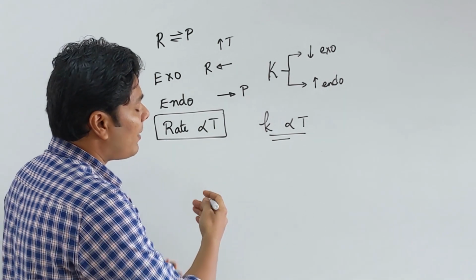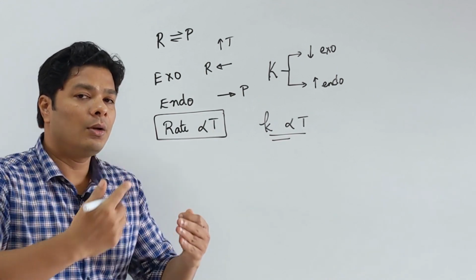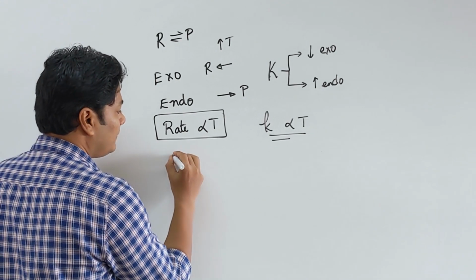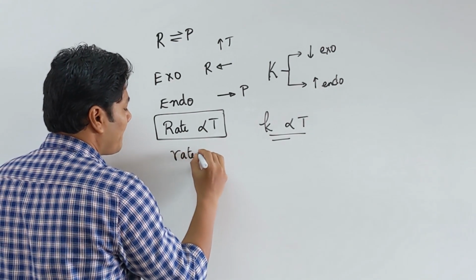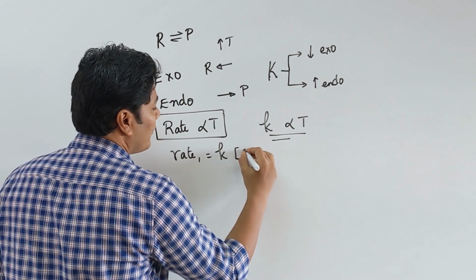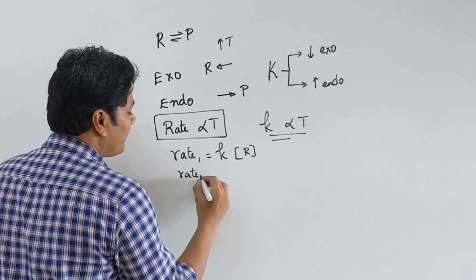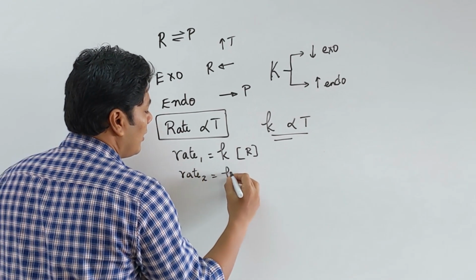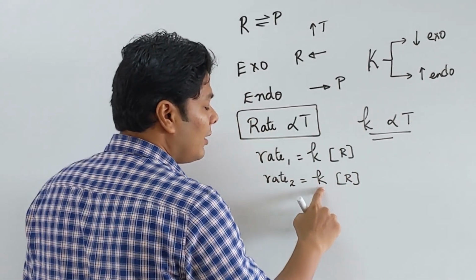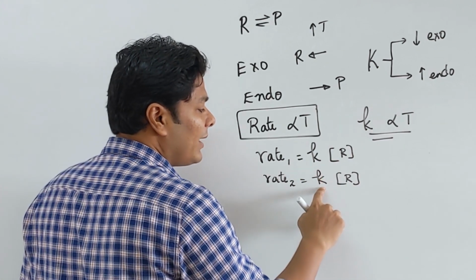Now what we can do is compare the same reaction at two different temperatures, and the best way to do that is at temperatures that are 10 degrees apart. So let's say we do a reaction. Rate 1 is rate constant times concentration of reactant, and I can do the same reaction this time keeping the concentration the same, but increasing the temperature, meaning my k is different.